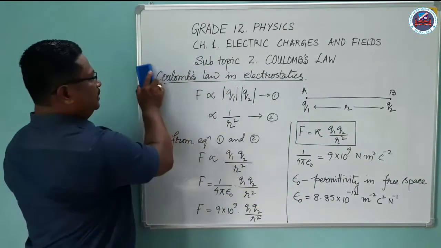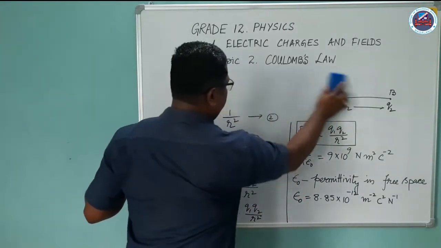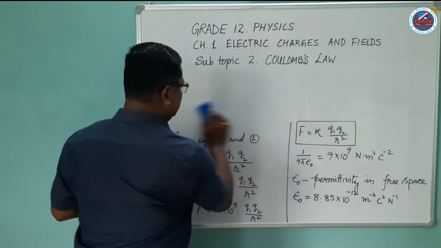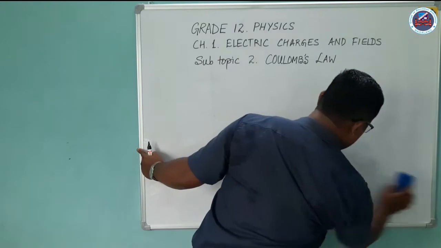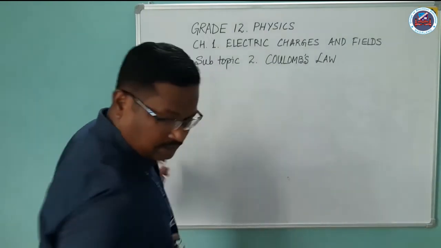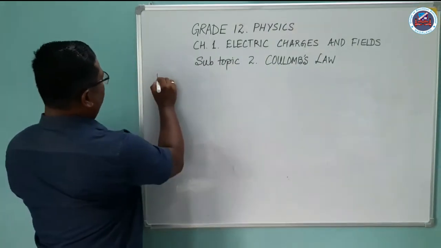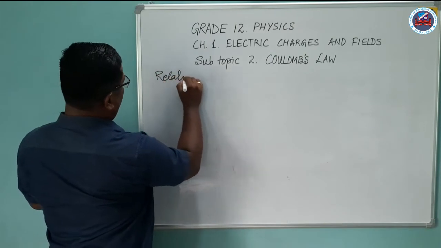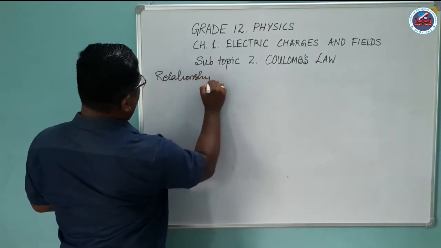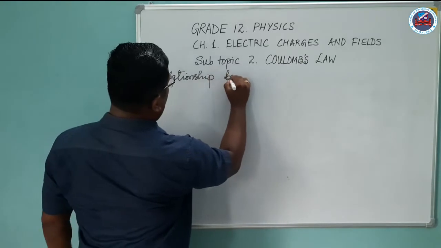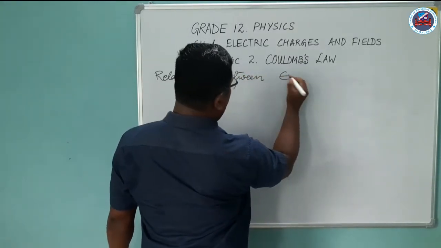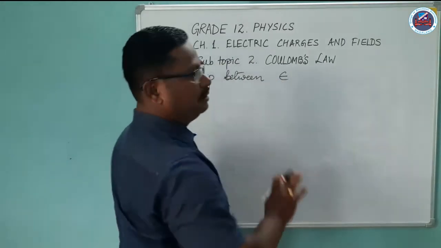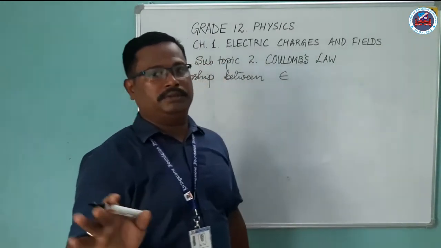Now let us see the relationship that exists between these three physical quantities. If I write epsilon, it is absolute permittivity.